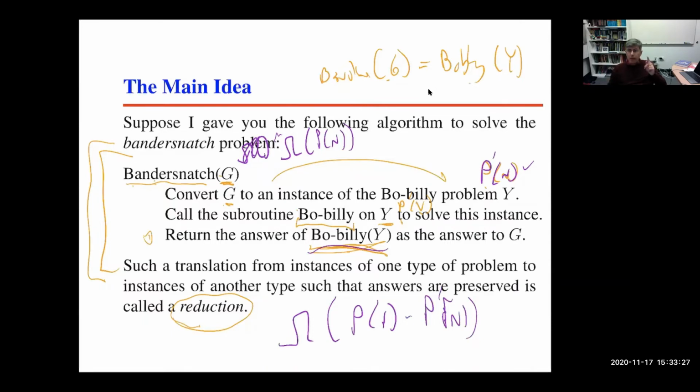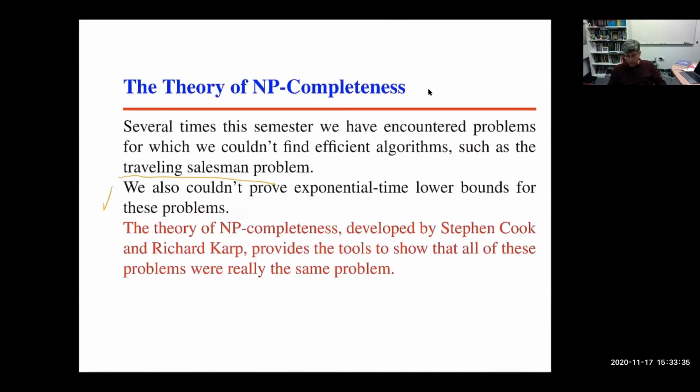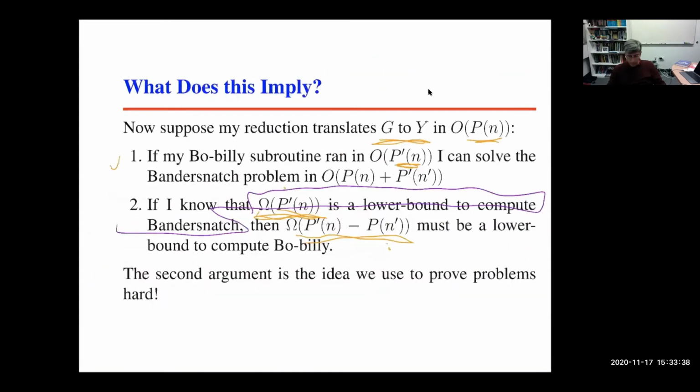Any questions about that? This is the reasoning step, and I want to make sure people get it now, although I'm going to give you more chances in coming days. What was the idea? If there is no fast way to do Bandersnatch, I swear to God, there is no fast way possible, faster than p'(n) time to compute Bandersnatch.